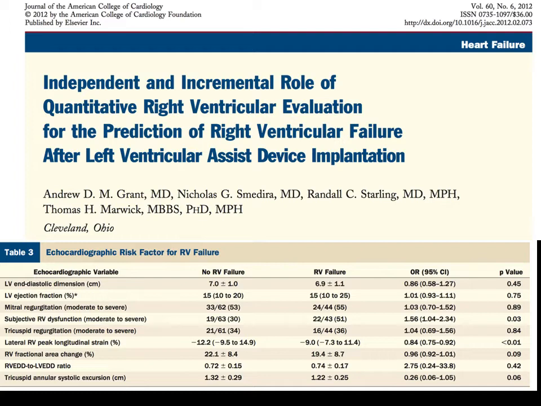Is it going to fail, or does the patient need a backup RVAD, or is it going to be fine? And actually, in a multivariate logistic regression analysis, the lateral peak systolic strain was correlated as an independent predictor of right ventricular failure after LVAD implantation with a cutoff of 10.